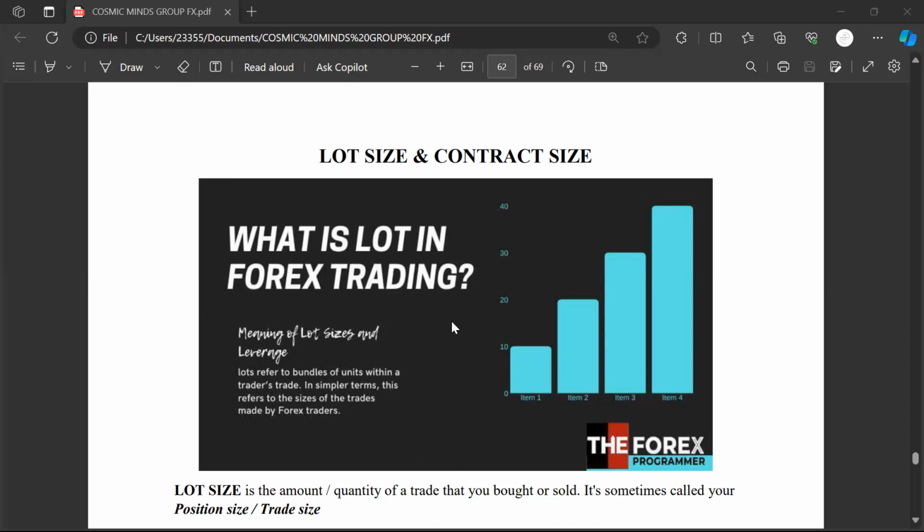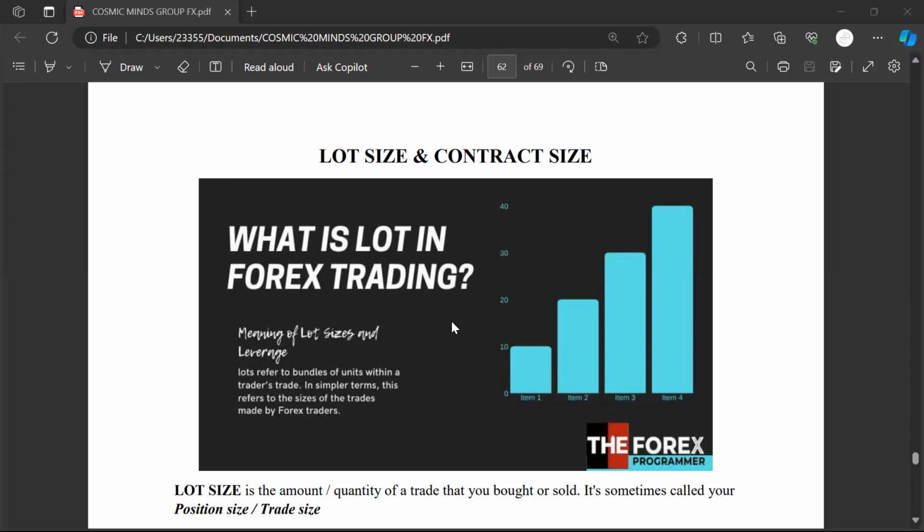Now, these units are what we term the lot size, or better still, contract size in another profession, yet similar. They are just similar and many a time can be used interchangeably, but to be specific, you can draw a small difference between the two.